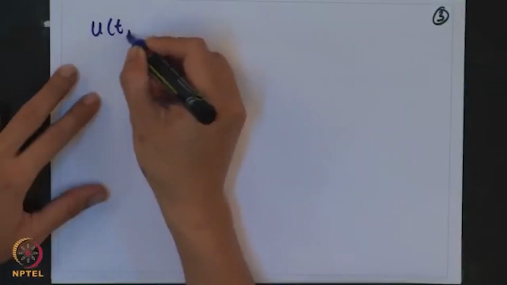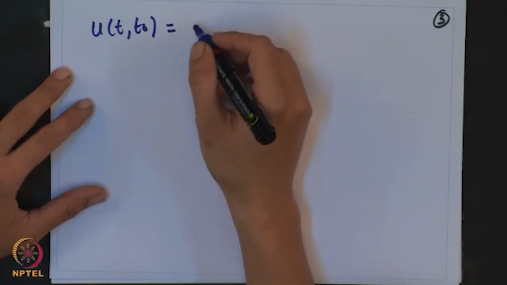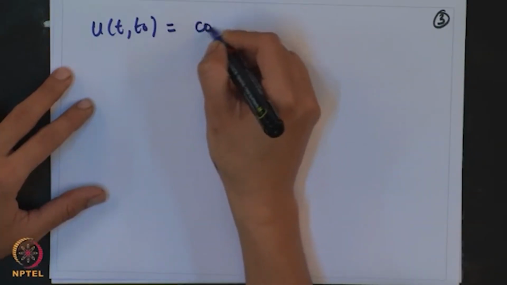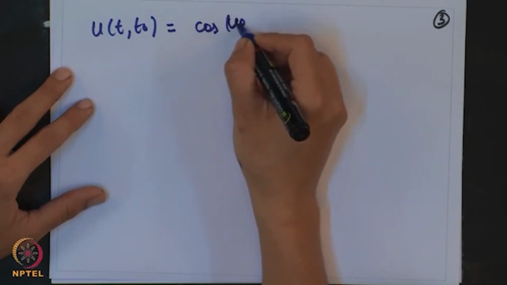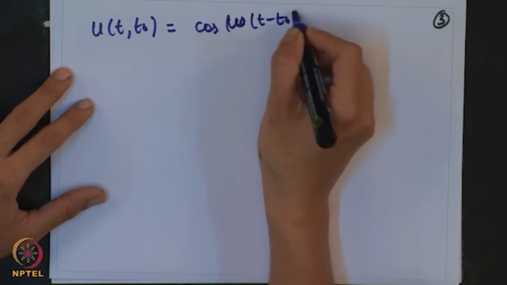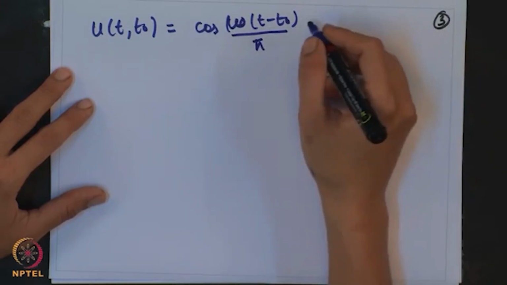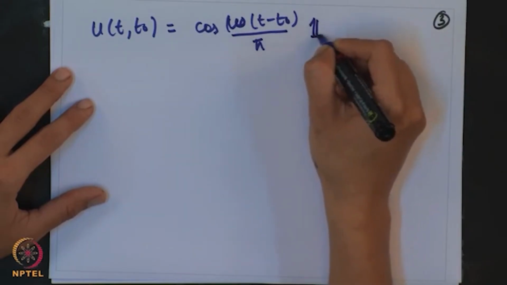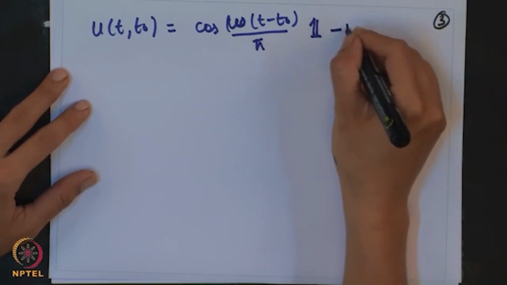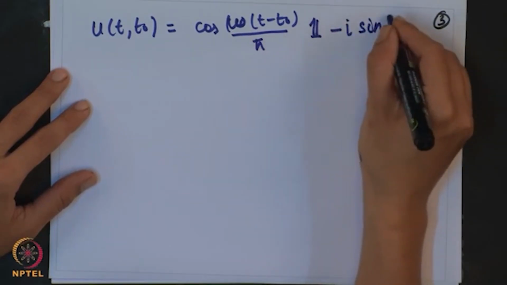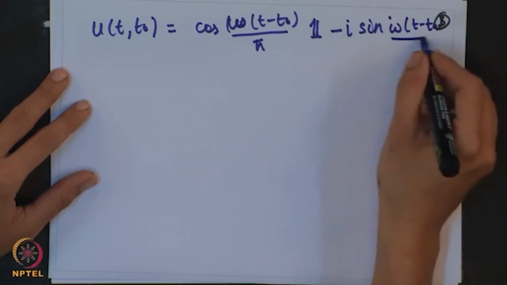Then what we do next is, U(t, t naught) we can rewrite as cos omega (t minus t naught) upon h cross times the identity operator, minus i sin omega (t minus t naught) upon h cross.